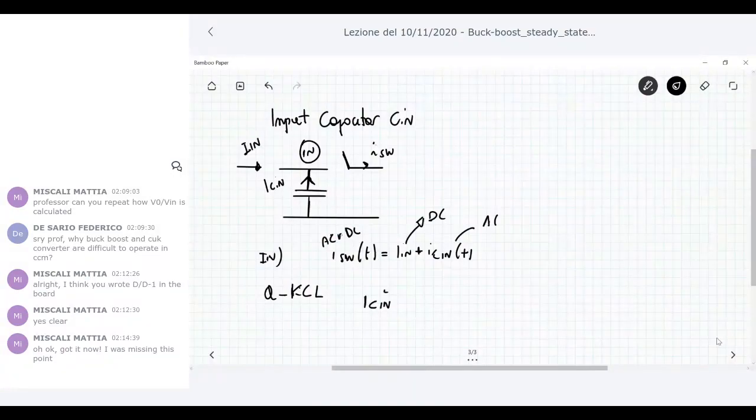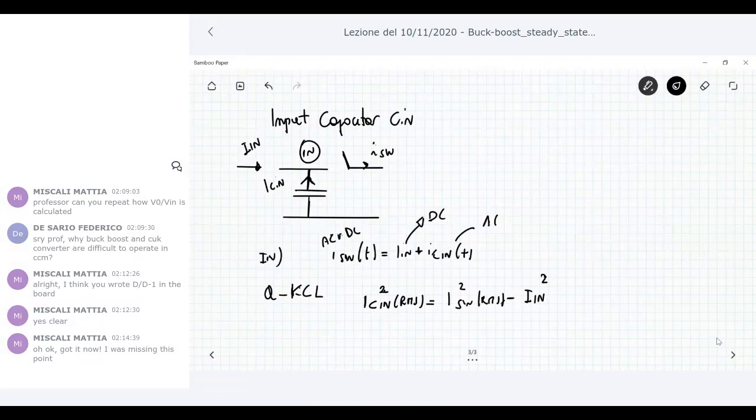So if you want to find out the root mean square value of the input capacitor current, the C in current, you take the difference between the root mean square value of the total AC plus DC current minus the DC contribution.